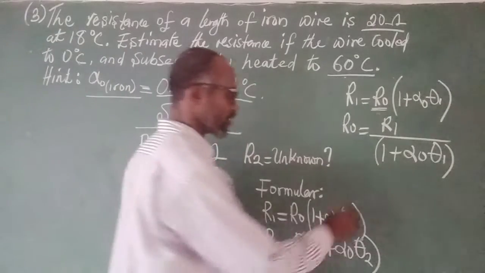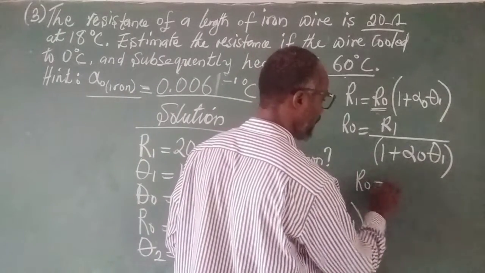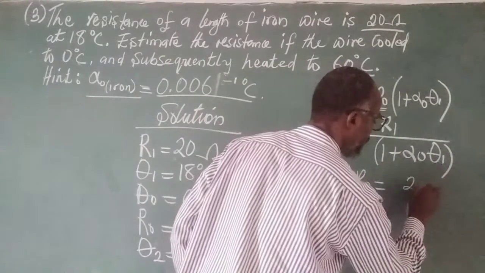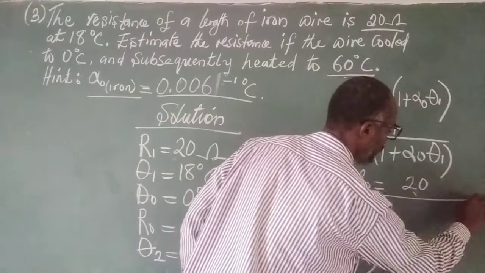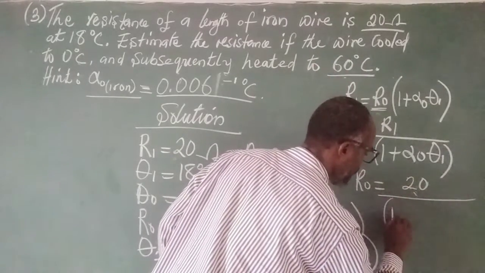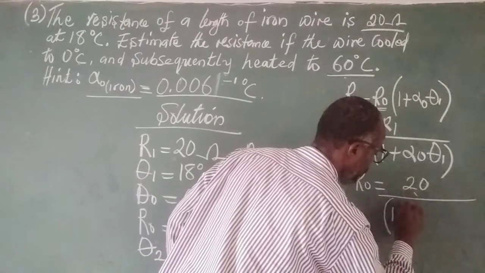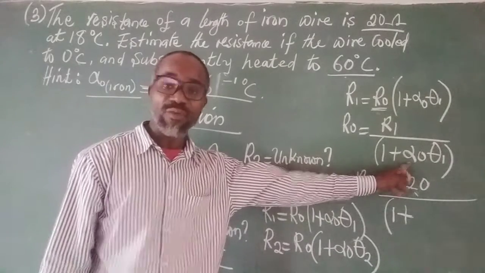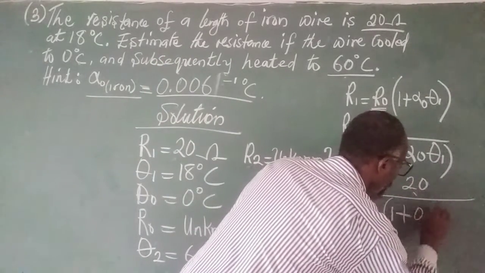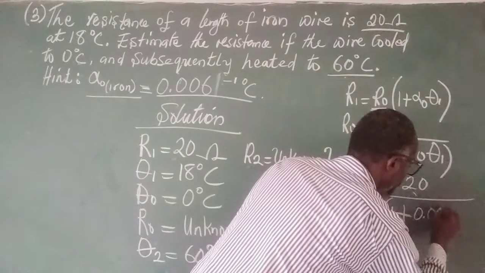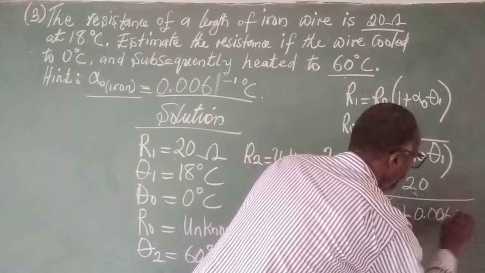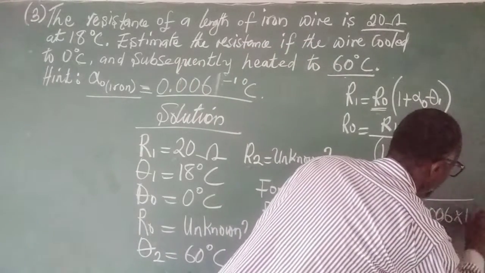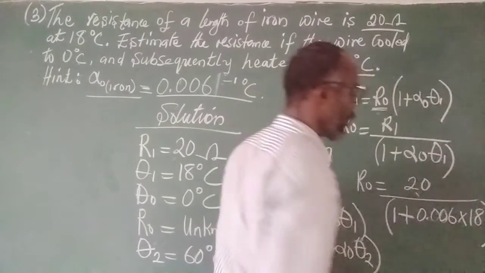The next thing, we substitute accordingly. For R1 we have 20 ohms, all over bracket open 1 plus, this is a plus sign, for the temperature coefficient of the iron wire we substitute 0.006, and for theta 1 we have 18 degrees Celsius and then bracket close.